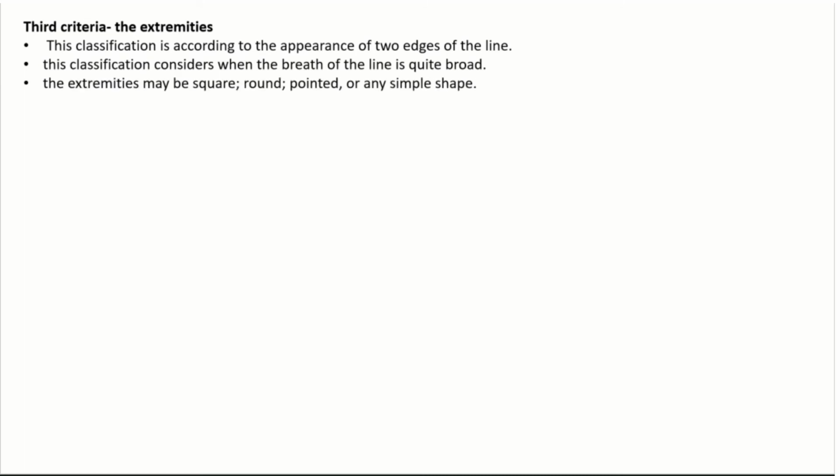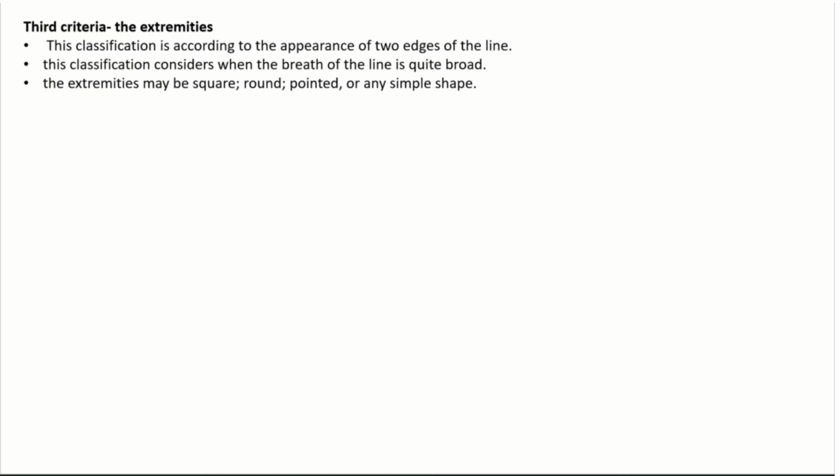The next criterion, that is the third criterion, is according to the extremities. This classification is according to the appearance of the two edges of the line, how the two edges are appearing. This classification is considered when the breadth of the line is quite broad, so we can say that for thick lines this criterion applies. The extremes may be square, round, or pointed, or any simple shape.